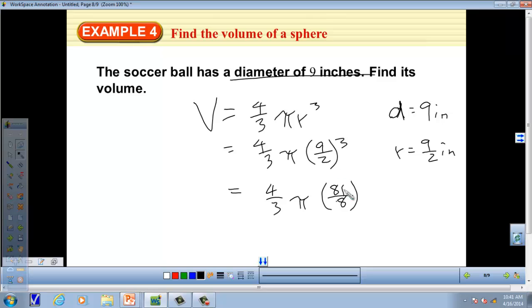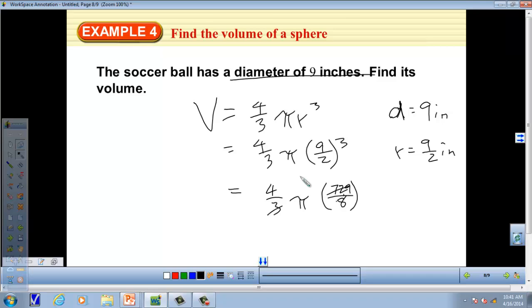Because remember that, oops, I'm sorry, not 81. I am wrong. 9 to the third is actually 729. Sorry about that. So 9 cubed over 8, because 2 times 2 times 2 is 8, and 9 times 9 times 9 is 729. I'm going to simplify a little bit here.